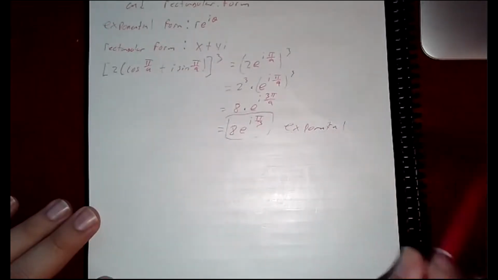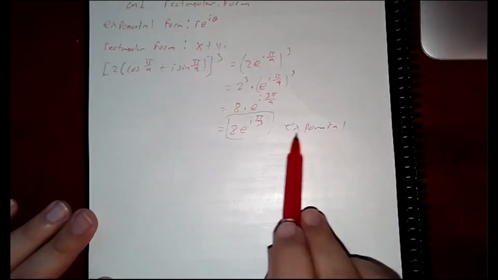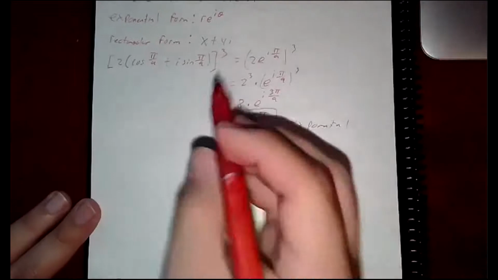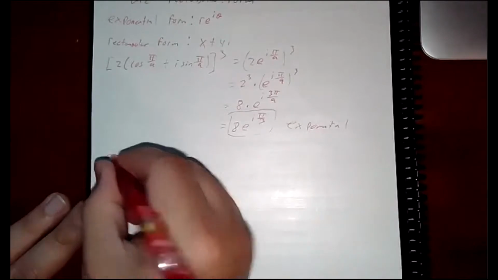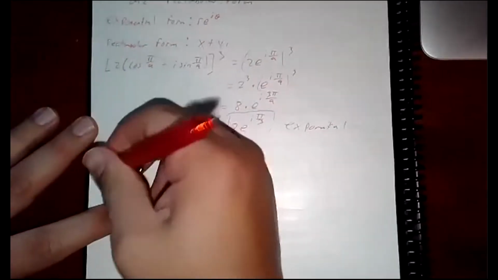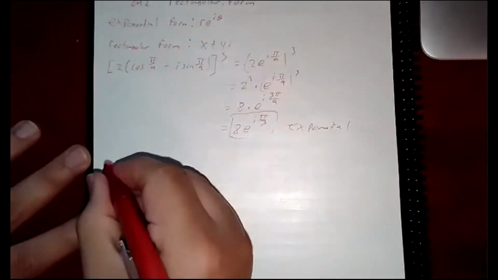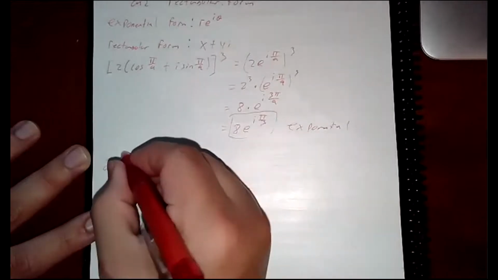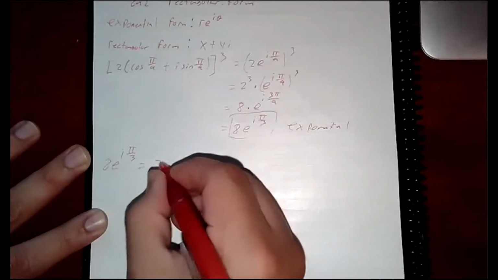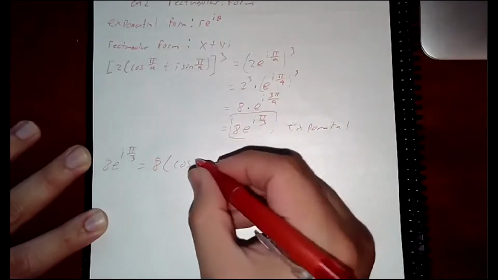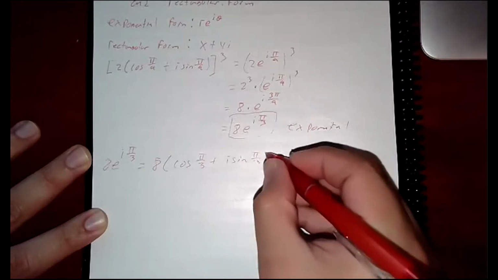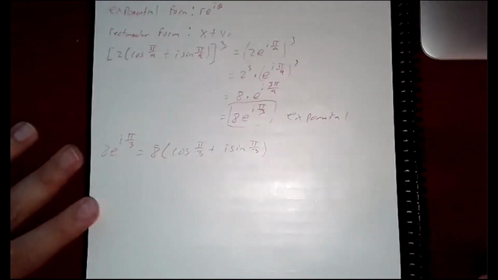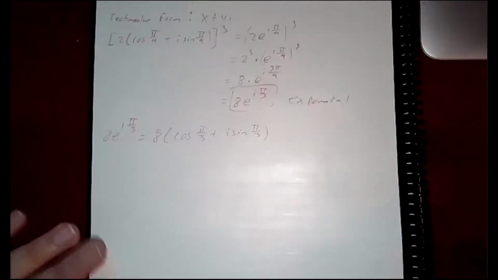But once it's an exponential, it's easy to get to rectangular. So you want to start with this guy first. So now 8 e to the i pi over 3 is equal to 8 times cosine pi over 3 plus i sine pi over 3. Once you're here, just plug in the values and use your unit circle to get to rectangular.